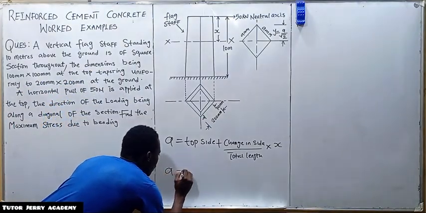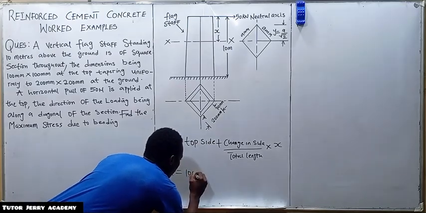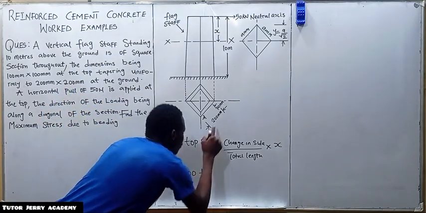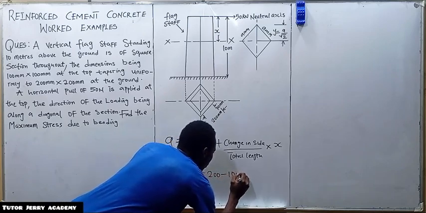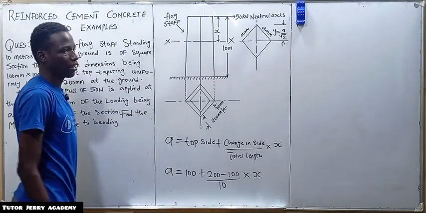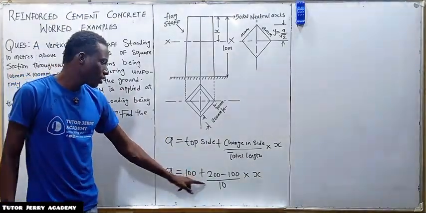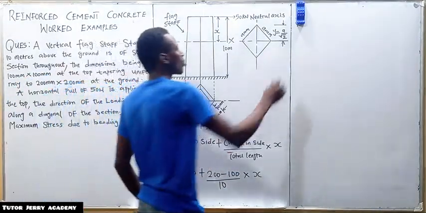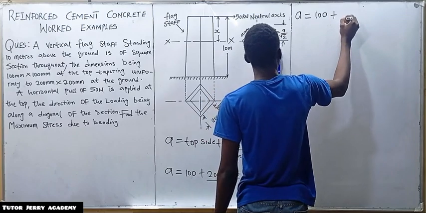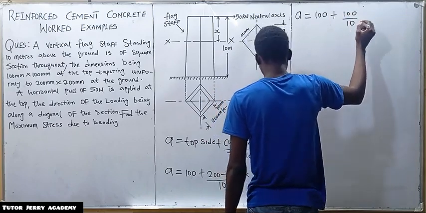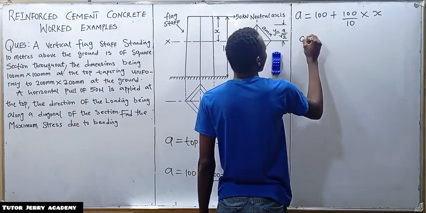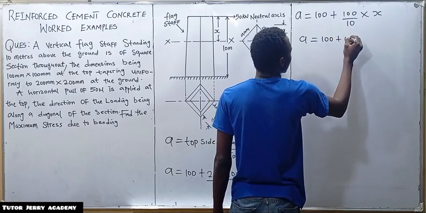So A equals 100 plus the change in side, which is 200 minus 100, all over the total length, which is 10, multiplied by x. 200 minus 100 is 100, so A equals 100 plus 100 divided by 10 multiplied by x. 100 divided by 10 is 10, so A equals 100 plus 10x.